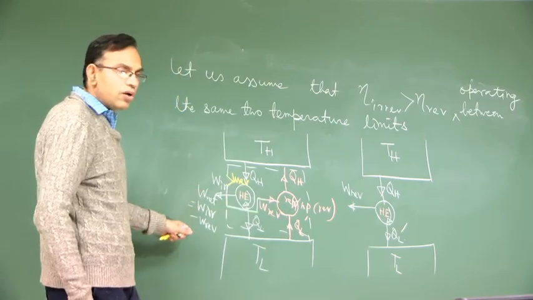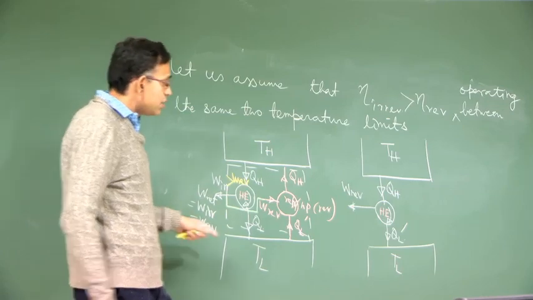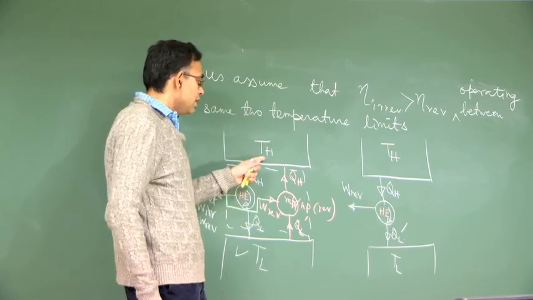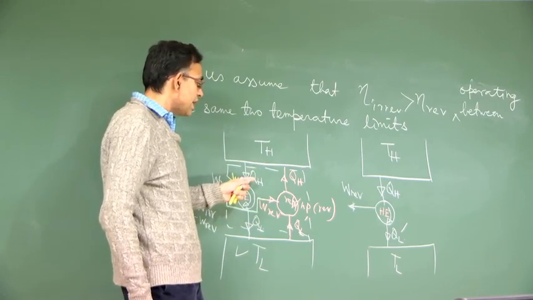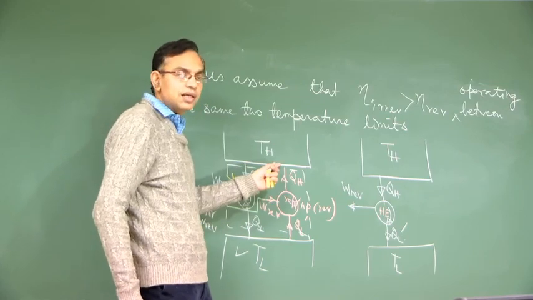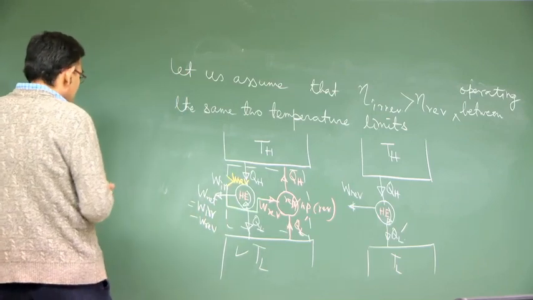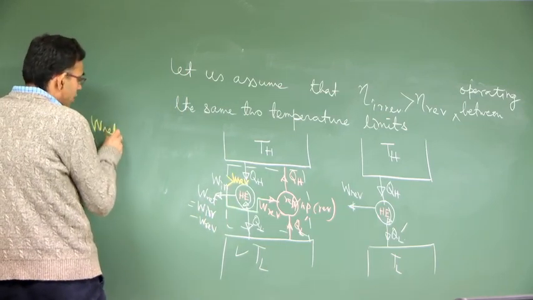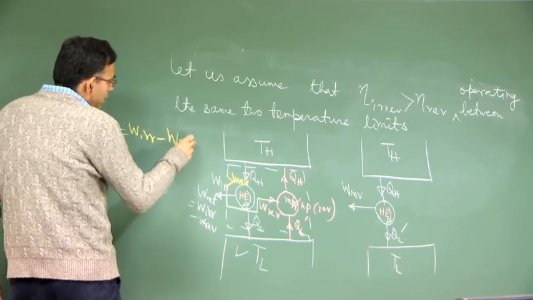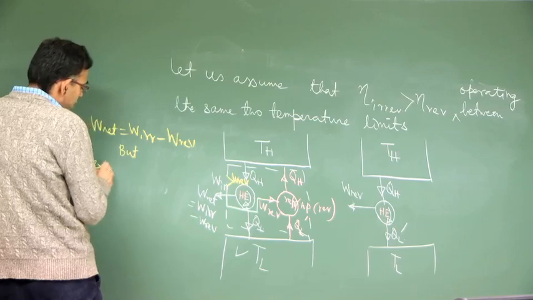So, there is a net work output, but exchange of heat only with this reservoir, because with the heat source the net exchange of heat is 0: it is QH drawn from here and QH rejected here. So, there is a W net which is W irreversible minus W reversible, but exchange of heat with a single reservoir.